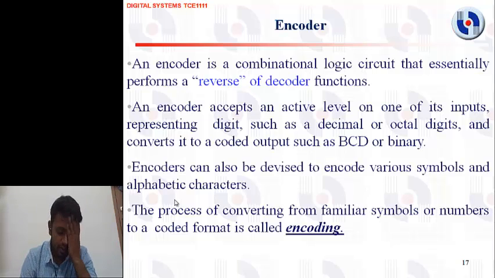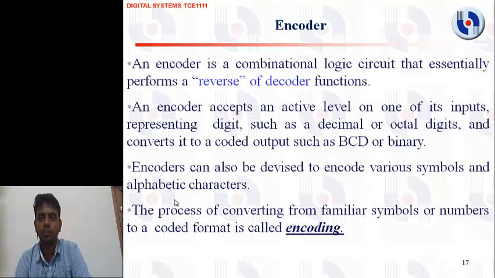Means initially in decoders, we are receiving multiple inputs and we are giving a specific individual output. And in encoders, we are completely reversing this operation, means we are getting a particular single input, and we are converting it into the binary data which will be used for the particular application in a computer.